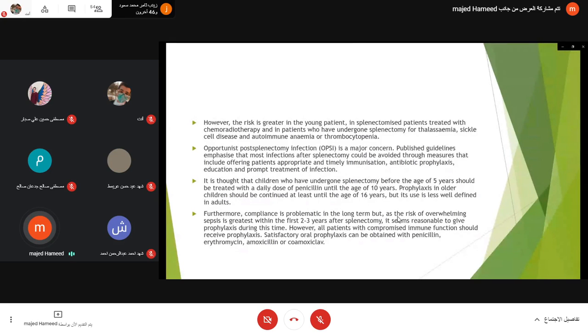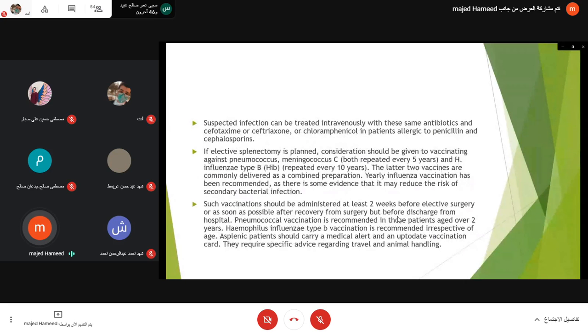Satisfactory oral prophylaxis can be obtained with penicillin, erythromycin, amoxicillin, or amoxiclav. Suspected infection can be treated intravenously with the same antibiotics, and with cefotaxime, ceftriaxone, or chloramphenicol in patients with allergy to penicillin or cephalosporin. The elective splenectomy is planned.